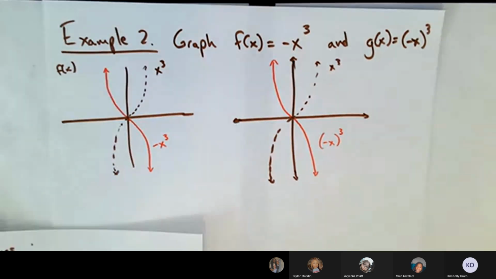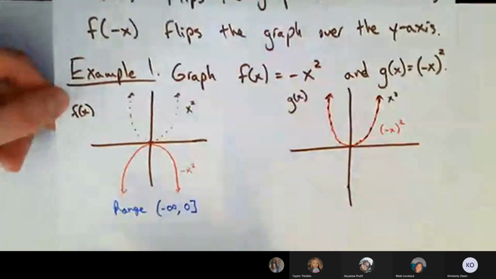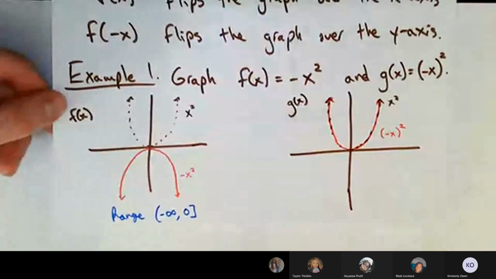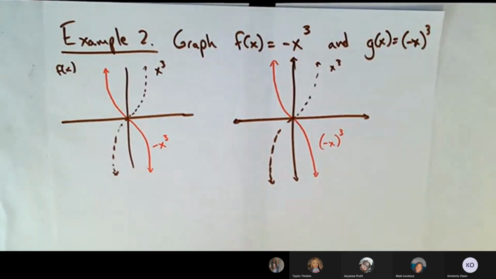So what's happening here? We got an even function that when you reflect it around the x-axis, it reflects over the x-axis, right? It flips upside down. But when you try to reflect it over the y-axis, it does nothing. We've got an odd function that when you do either kind of reflection, it does the same thing.